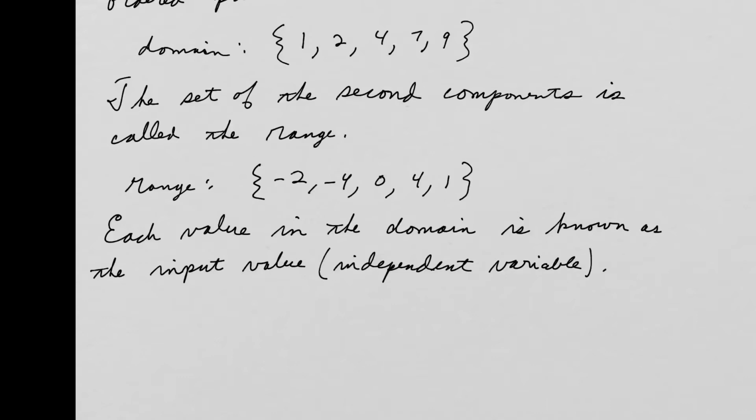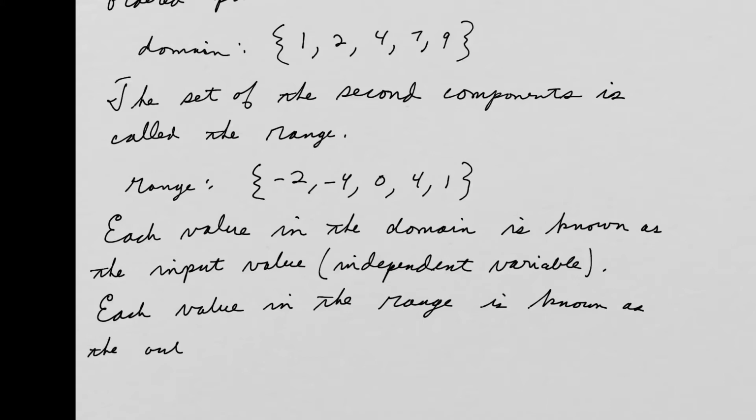And each value in the range is known as the output value, also called the dependent variable.